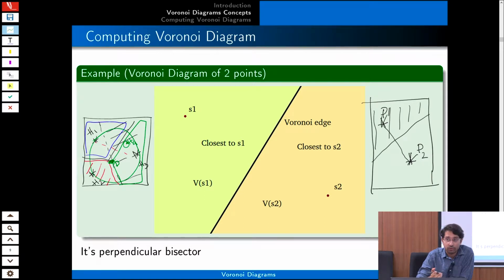H4. So, certainly H1, H2, H3 are not the closest facility. So, the property of the Voronoi vertex is, if you draw a circle centered at the vertex and passing through 3 of the closest points, that circle would be empty. Is it clear? Okay, very nice. There is no H4.